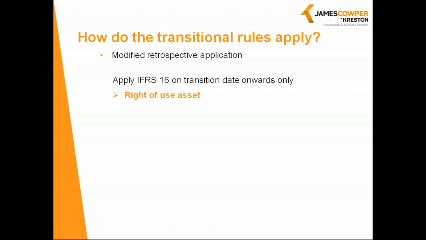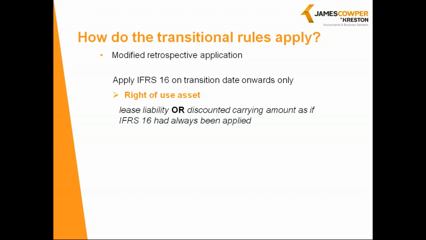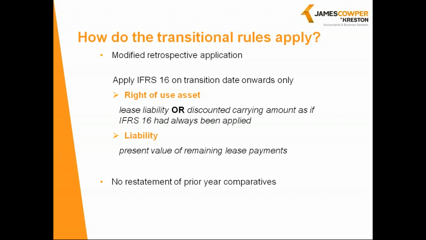So, the right of use asset is your lease liability or a discounted amount, carrying amount, as if IFRS 16 had always been applied. So IFRS 16 gives you another option, and then your lease liability, similar to before, is your present value, but this time of your remaining lease payments. The modified retrospective method does not require any restatement of the comparatives, which does mean that the 2 years presented are not on a comparable basis.